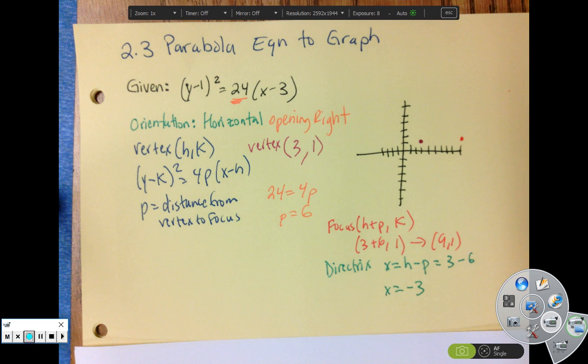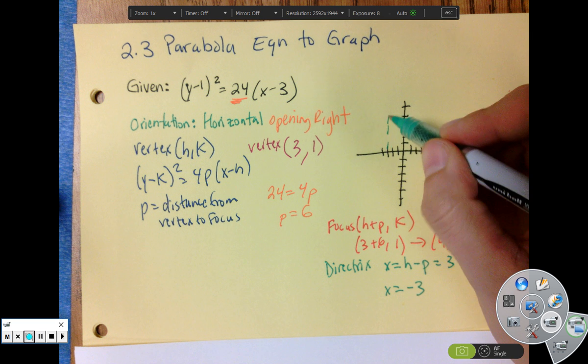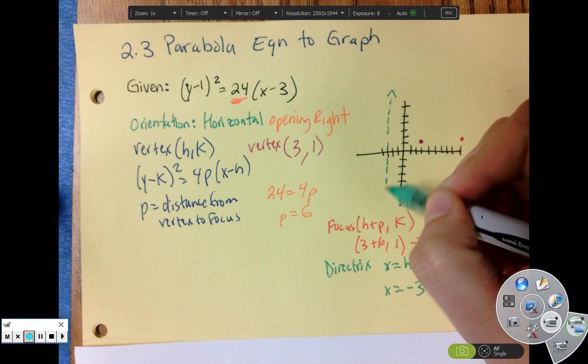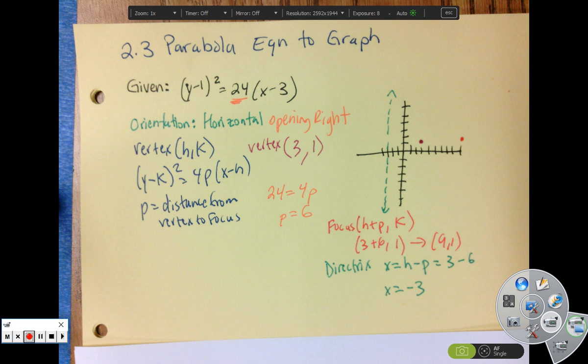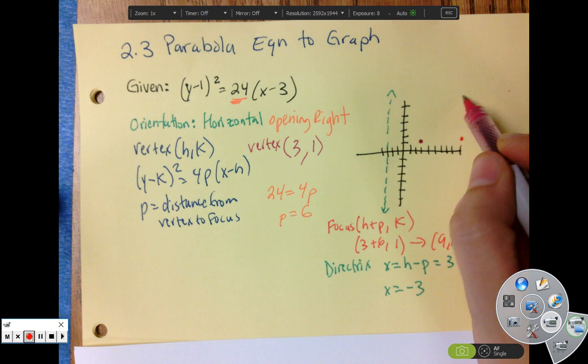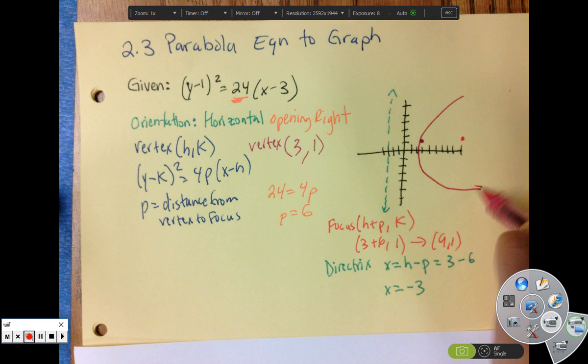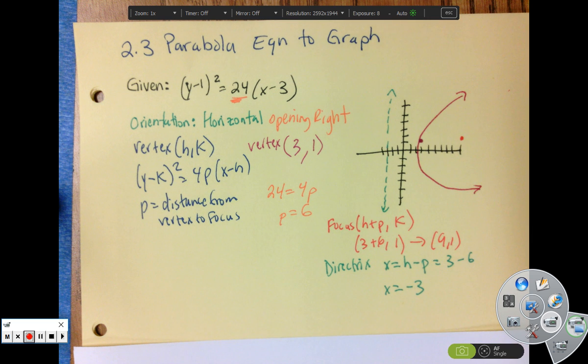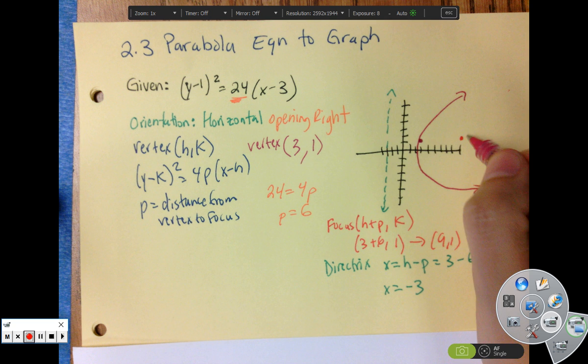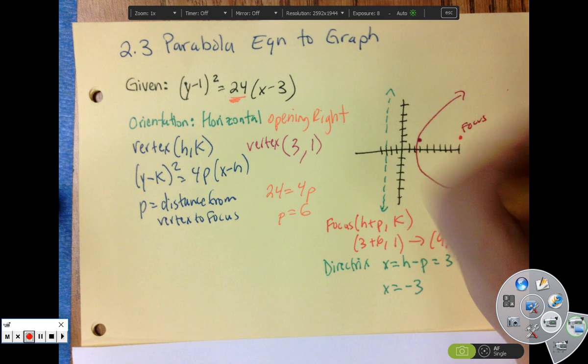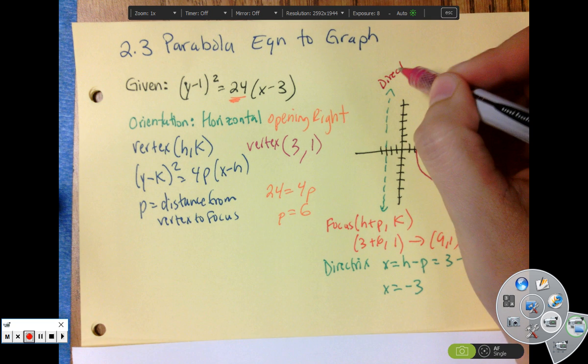So because the directrix is a line, I'll go to negative 3, and I put my directrix in. Now I can draw my parabola. It opens to the right. My focus is inside, right, here's my focus, and my directrix is outside. So I've now successfully gone from the equation of my parabola to the graph.